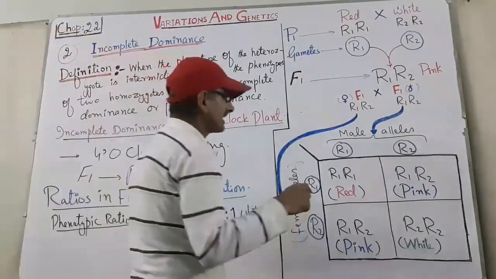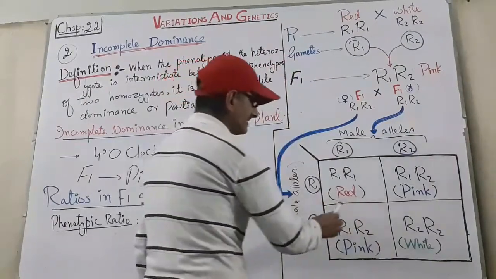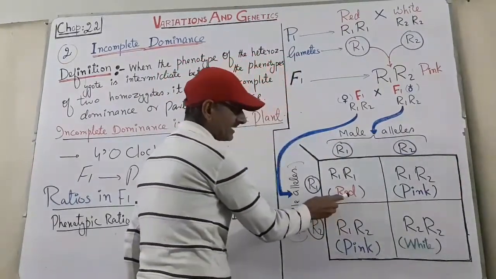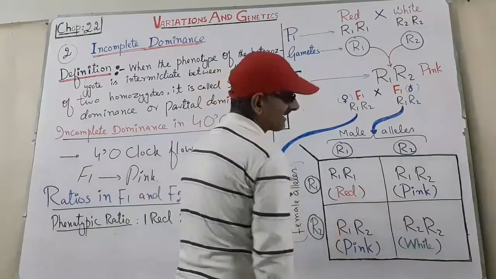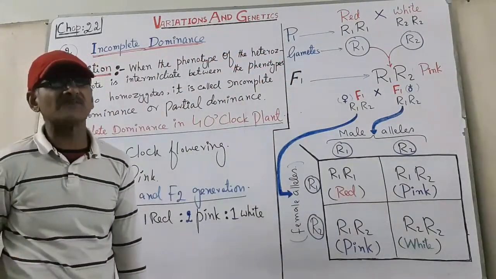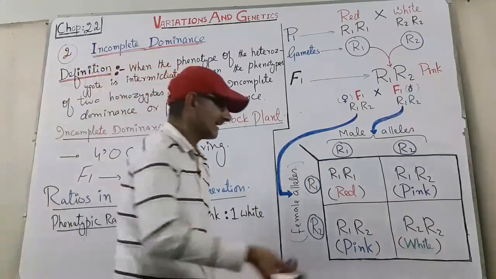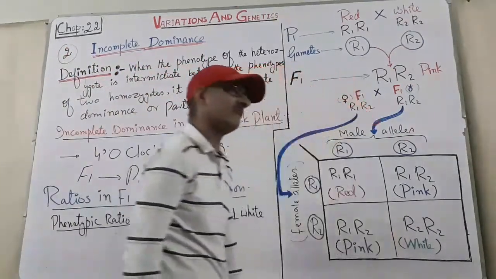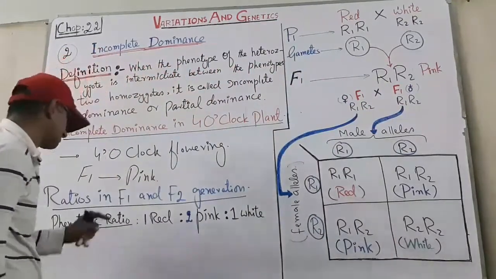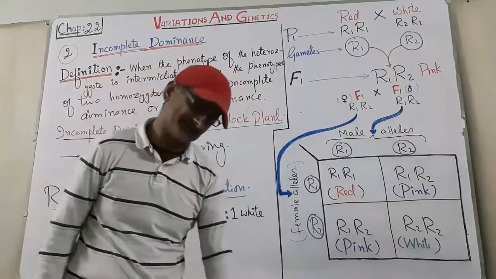In this square, we see that 1 plant is red flowered, 2 plants are pink flowered, which is the blending of red and white, and 1 plant is white flowered. And so the phenotypic ratio is 1 red, 2 pink and 1 white.